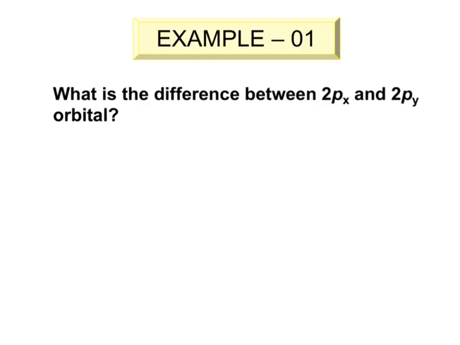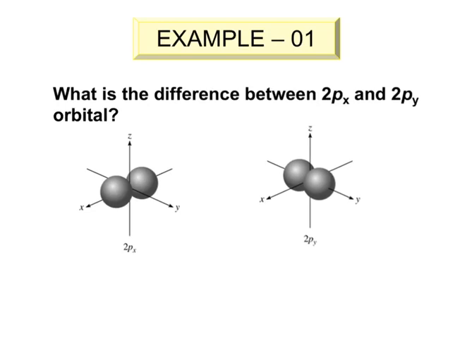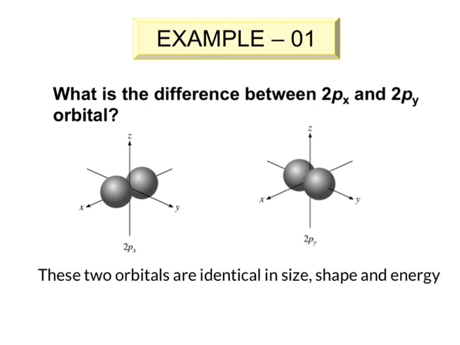Let's have some examples. What is the difference between the 2px and 2py orbitals? This is the 2px orbital. And this is the 2py orbital. These two orbitals are identical in size, shape, and energy.